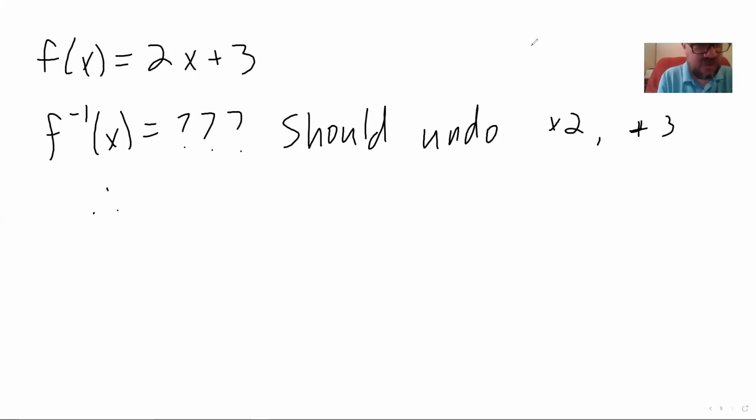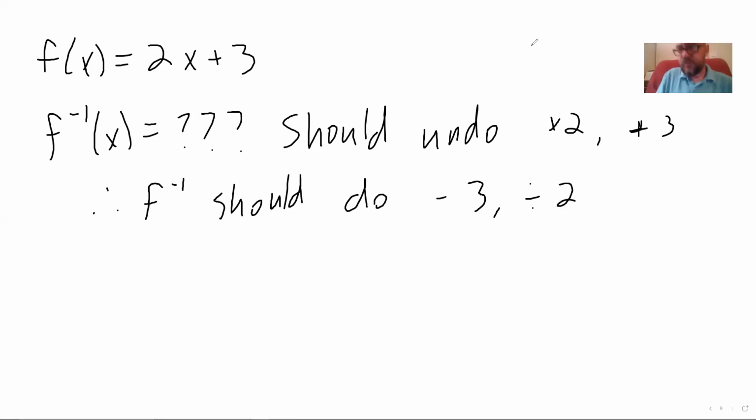That symbol, the three dots in an equilateral triangle formation, is mathematician shorthand for the word therefore. I don't know why, but it is. All right, so therefore, if I want to undo times 2 plus 3, f inverse should do minus 3 divided by 2.